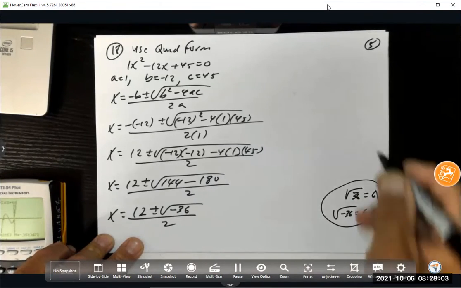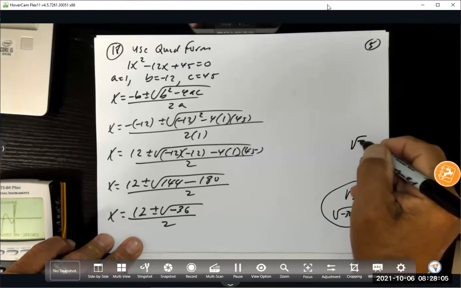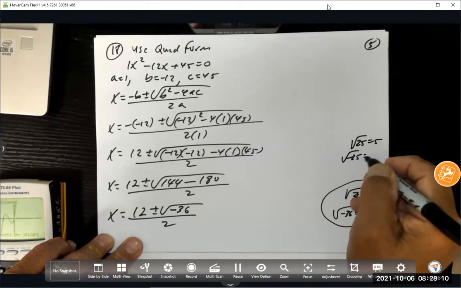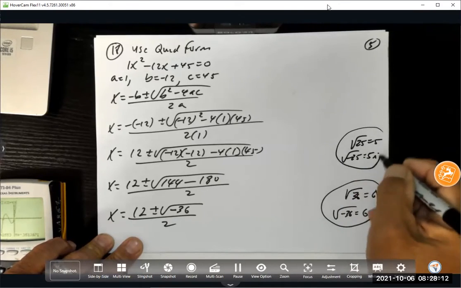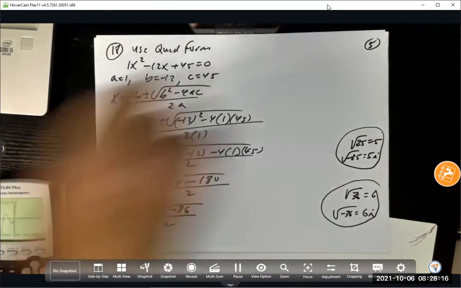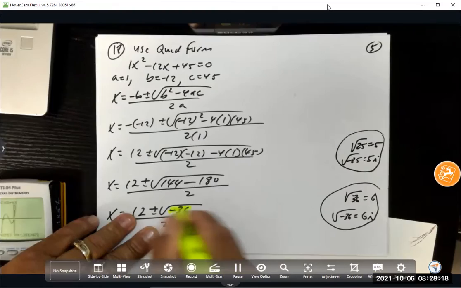Remember this right here? If I had the square root of 25, it's just regular, it's just 5. The square root of negative 25 is 5i. And this is from the imaginary solution, complex numbers. So this square root of negative 36, what is it? Tell me this answer.